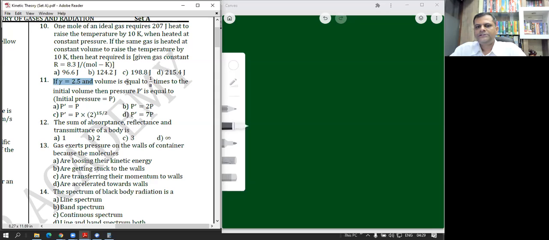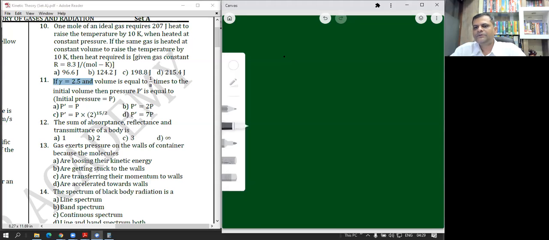The volume is equal to 1/8 times the initial volume. That means the gas is compressed suddenly, and the volume is compressed to 1/8 of the initial volume. The pressure P dash is equal to, in terms of P, okay, it's very simple.